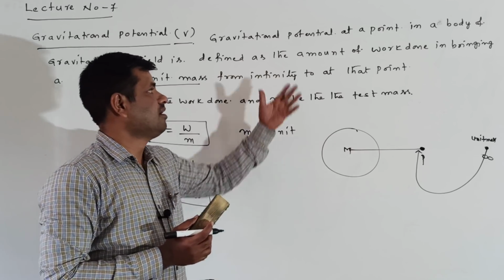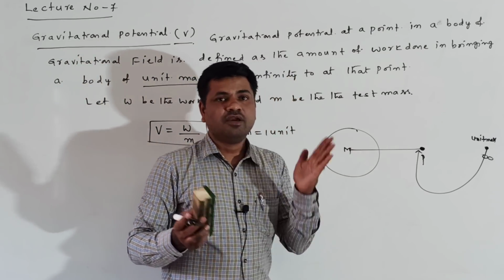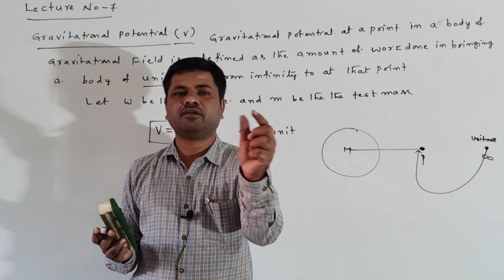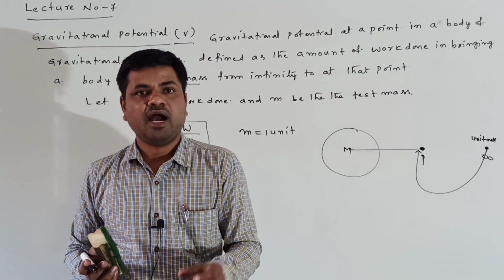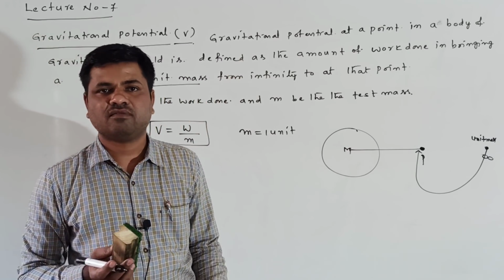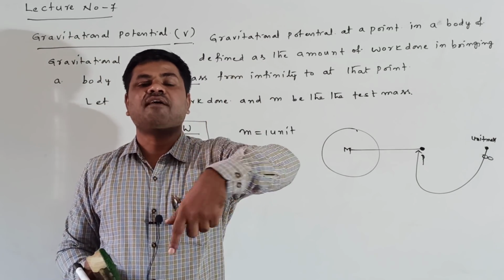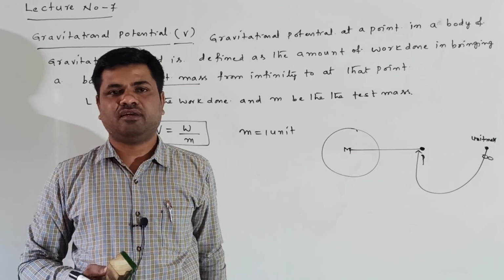This is called the gravitational potential. You can simply remember: a unit mass is brought from infinity to one particular point, and at this point we have to find the gravitational potential. That point lies in the gravitational field of another body.